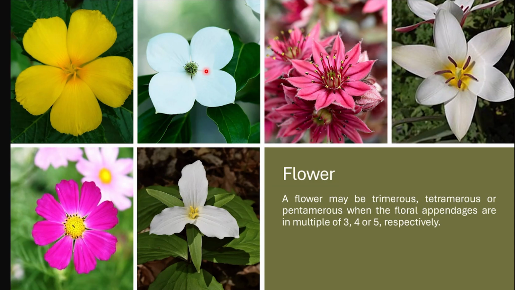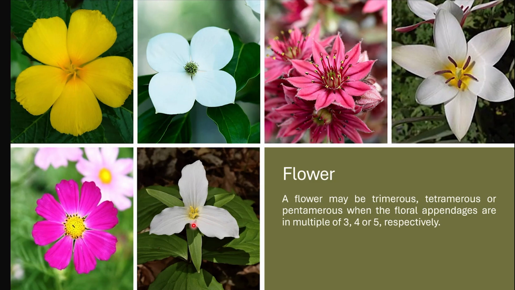So these are both tetramerous. While this yellow one has 1, 2, 3, 4, and 5, that is 5 petals. And see, other whorls also will be in that order only, so it has 5 androecia also, right?